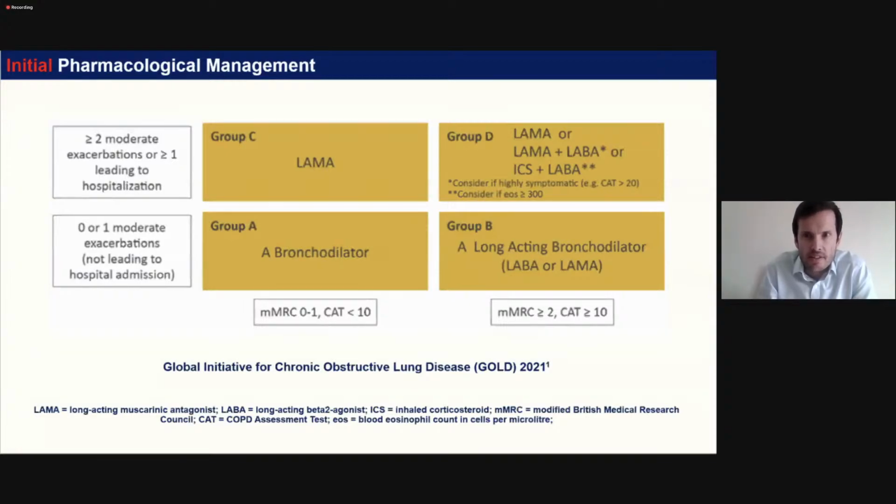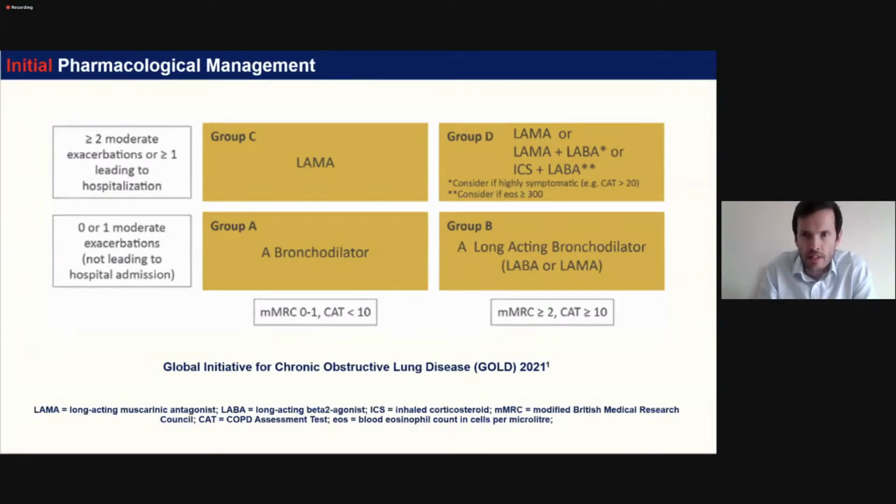The importance of assessing the severity of each patient's symptoms and their exacerbation risk was discussed a bit earlier in this presentation. As shown in this figure from the 2021 GOLD report, initial pharmacotherapy should be based on the patient's GOLD group, which is determined by their level of symptoms and the number of exacerbations that they have experienced in the preceding year.